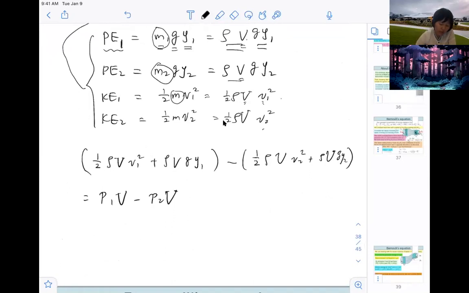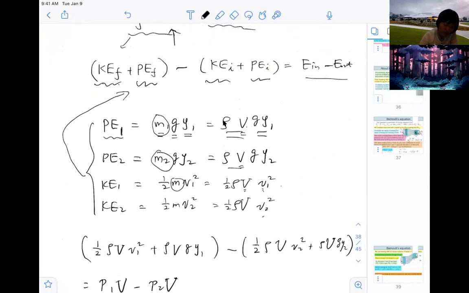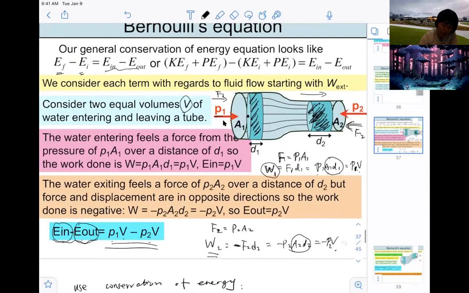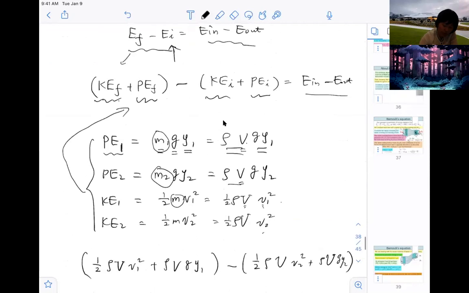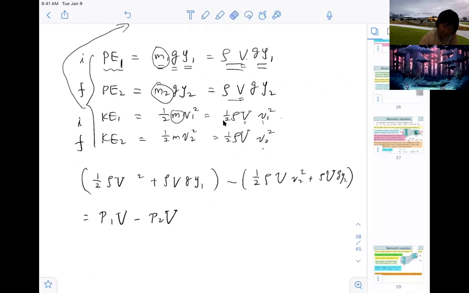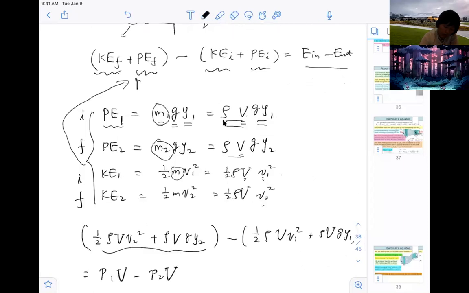Oh, one second. I'm sorry. I picked initial to be 1 and final to be 2. Okay, so these are initials, these are finals. So the 2s, kinetic energy 2 and potential energy 2, are the finals.